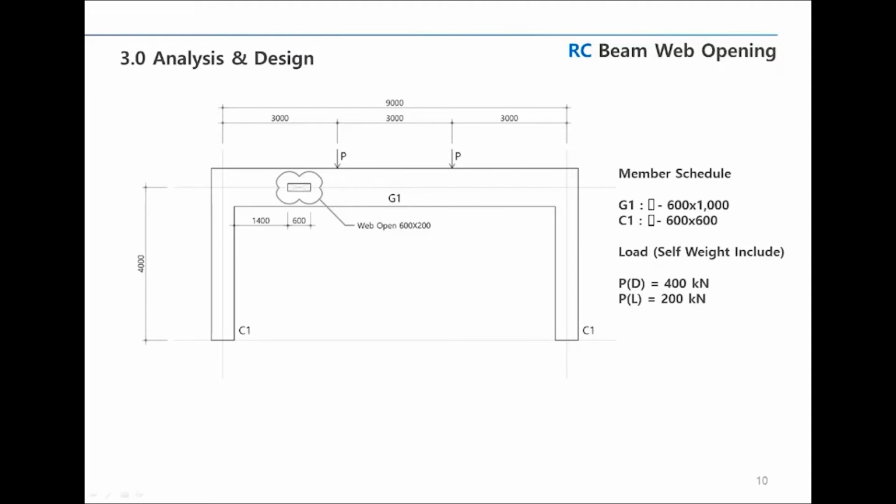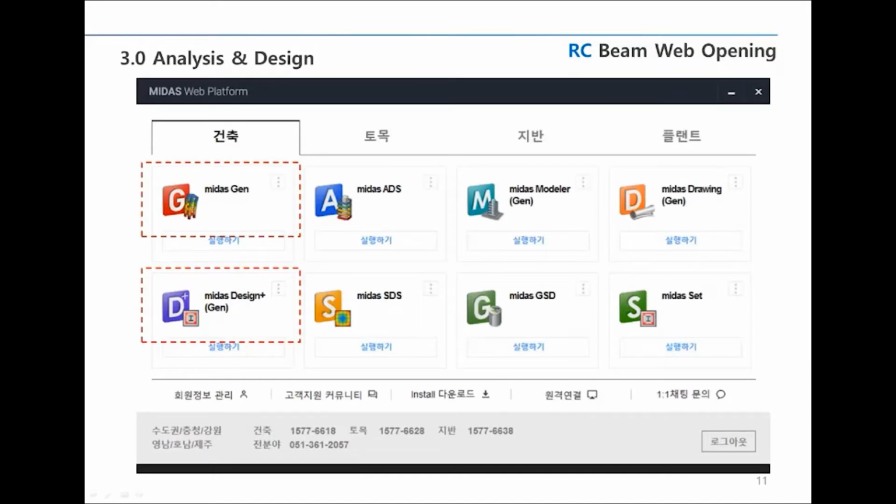Now I'll briefly introduce the program that I have used. I used MIDAS Gen, which is a 3D general purpose analysis program, to run the analysis. As you can see here, MIDAS's program consists of several different programs.